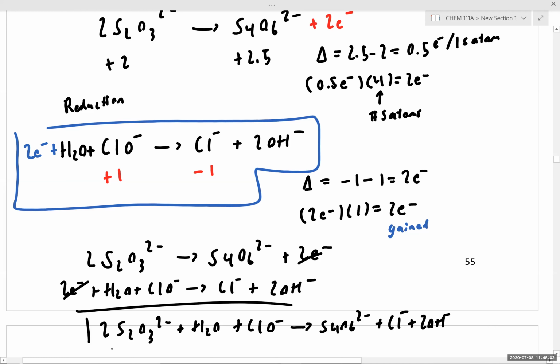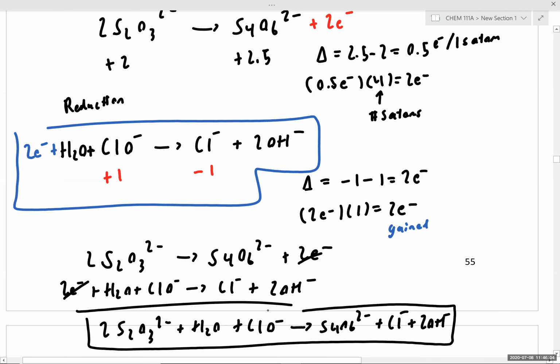This redox reaction is balanced because our number of electrons in the reactant and product side are equal and they cancel out. Does that make sense to everyone so far? Any questions on this example?